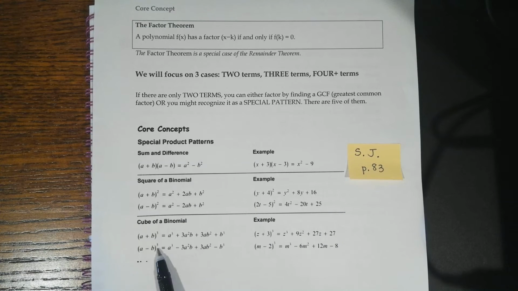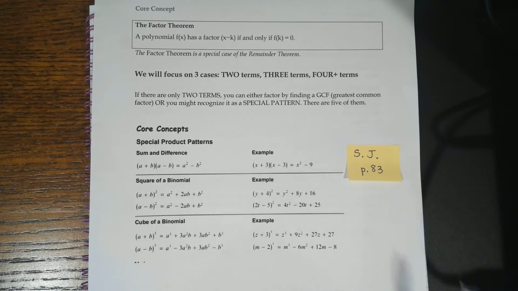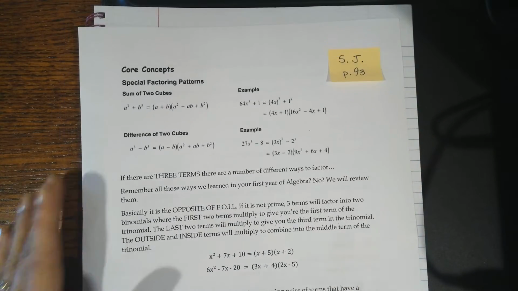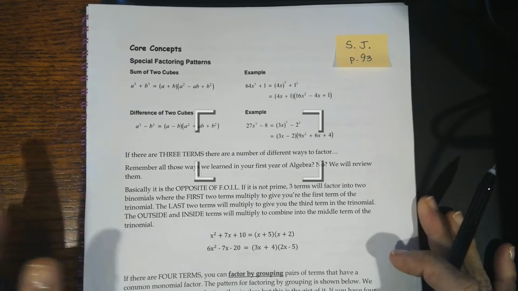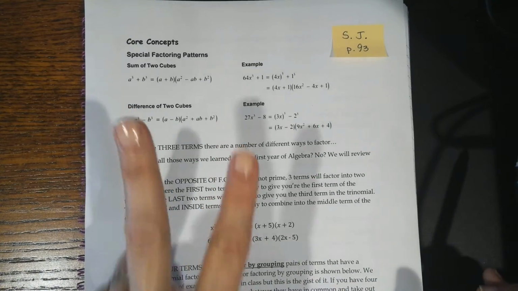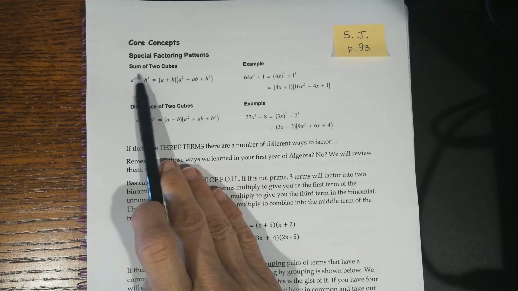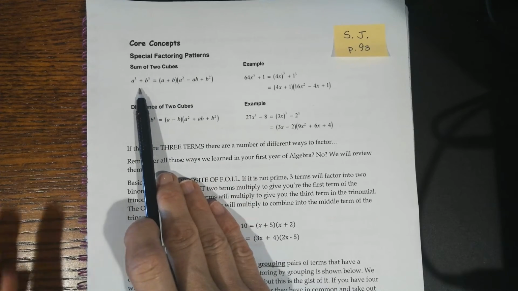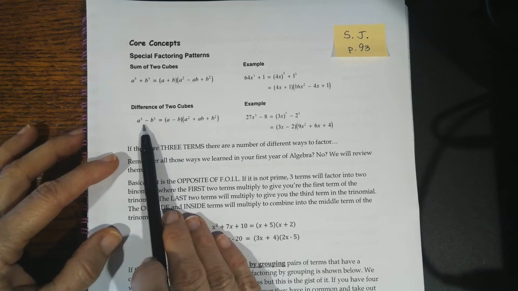It could also be a cube of a binomial, which in this chapter, of course, we're going over cubes. So again, I'm going to be doing some of these other examples in a separate video. This is just an overview of the notes. The 2 other special patterns you would look at for 2 terms are the sum of 2 cubes, which would be something like a cubed plus b cubed, or the difference of 2 cubes.